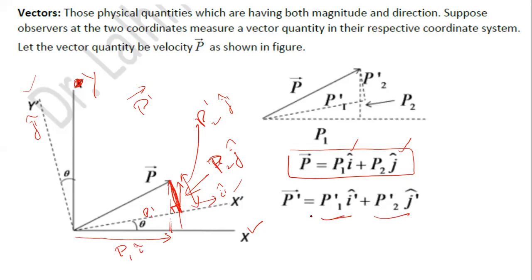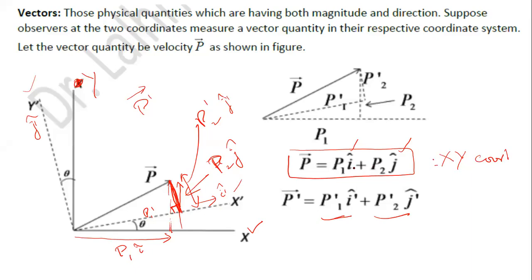Okay, so this could be any vector quantity, for example a velocity or a position vector. Any vector quantity in general we can represent like this. This is the vector quantity as we measure from our xy coordinate.